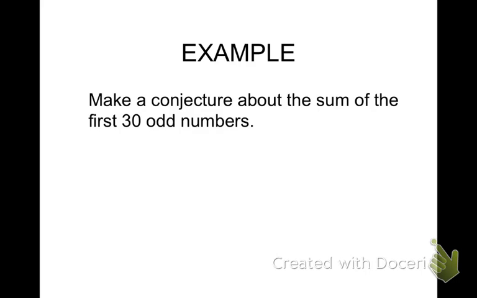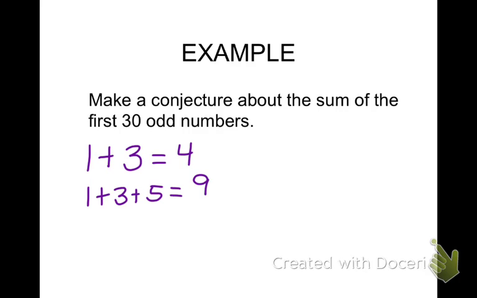So let's first start with the first 2 odds. What are the first 2 odd numbers? 1 and 3. If I add 1 and 3 together, I get 4. Okay, well that was pretty simple. Let's do the first 3. 1 plus 3 plus 5 is going to be 9. All right, not too hard. Can we do the first 4? 1 plus 3 plus 5 plus 7.